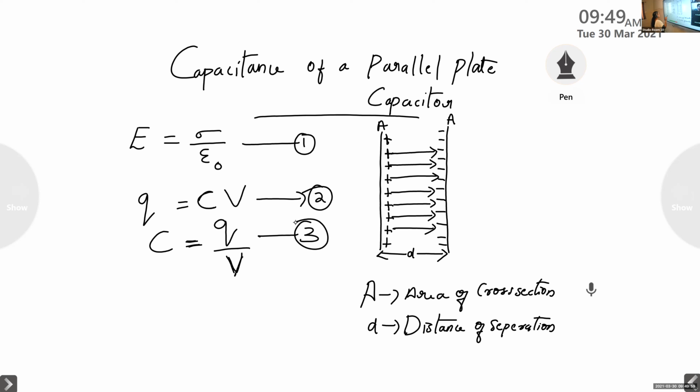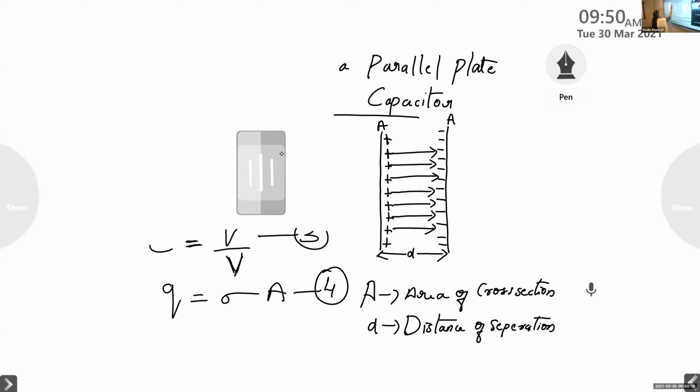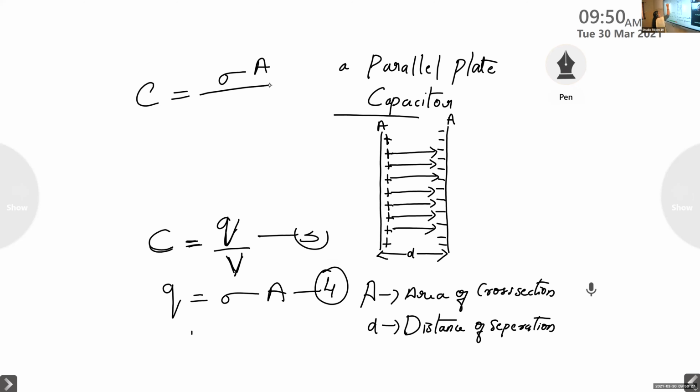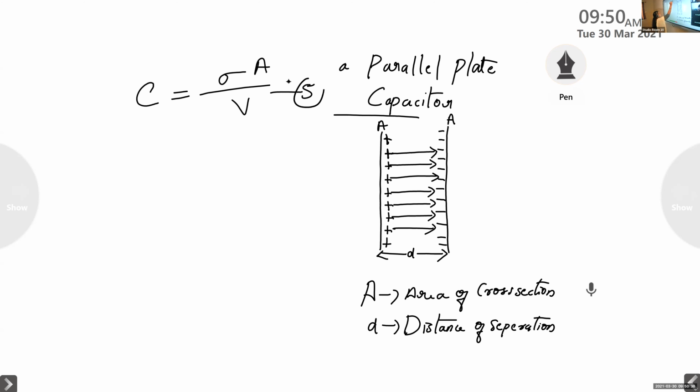We have Q is equal to sigma A. Then equation 3, the equation for capacitance, becomes C is equal to Q by V, but Q is equal to sigma A, so C is equal to sigma A divided by V. We can name this equation 5.